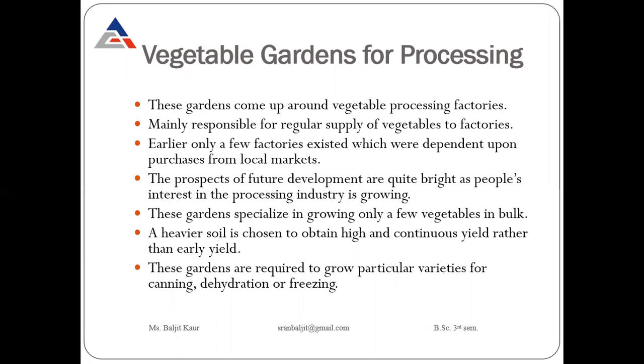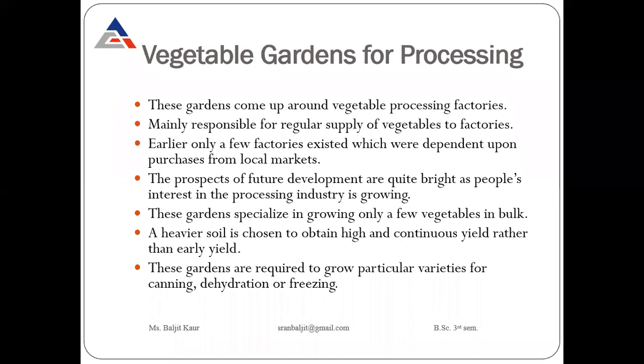So earlier, only a few factories existed which were dependent upon purchases from the local markets, but nowadays, a number of factories exist, and they are not dependent upon the local markets only. They are dependent upon the vegetable gardens, which are there only for the particular processing purpose, right?